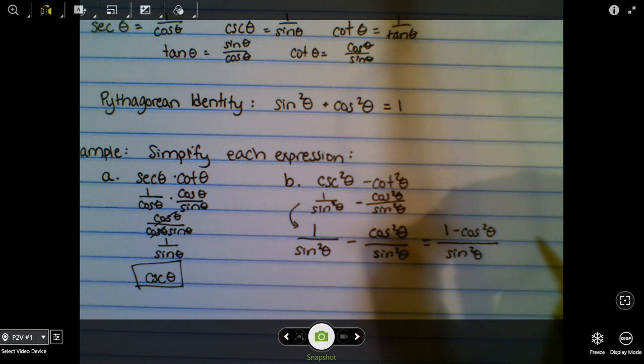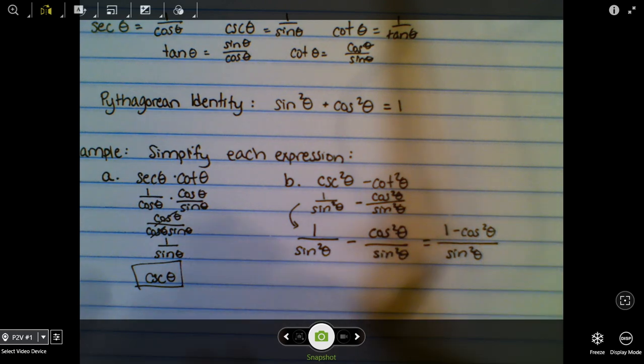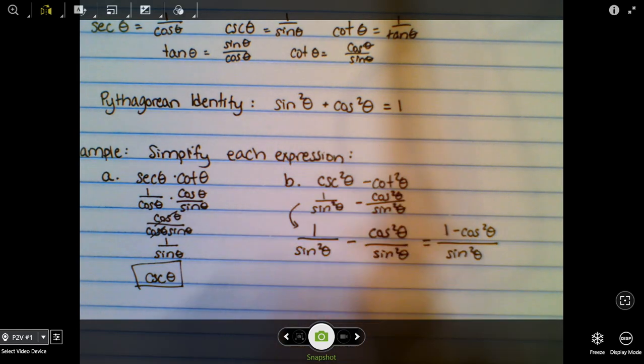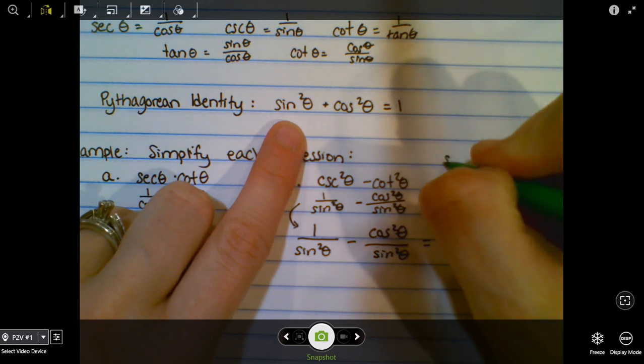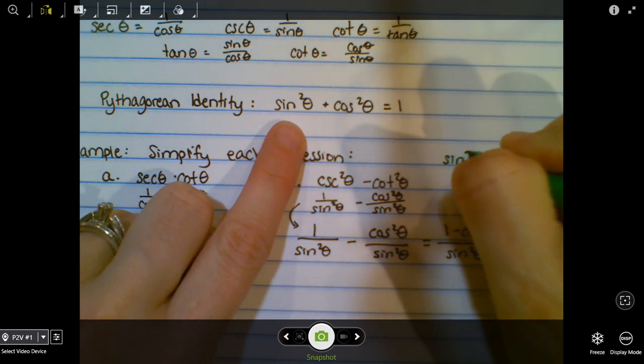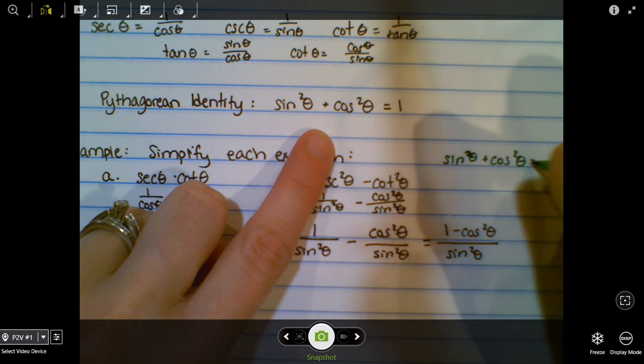Okay, now let's look at what we have here. Looking at the top, I notice that we have a 1 minus cosine squared, and that kind of jogs my memory that maybe it has something to do with the Pythagorean identity. Okay, I'm going to go up here for a second. I'm going to switch my colors. The Pythagorean identity is sine squared theta plus cosine squared theta equals 1.